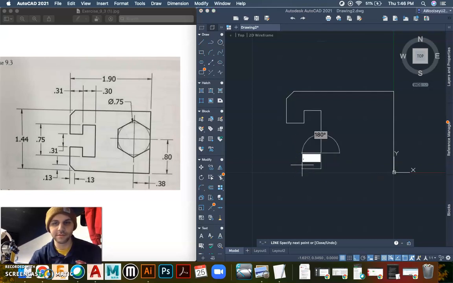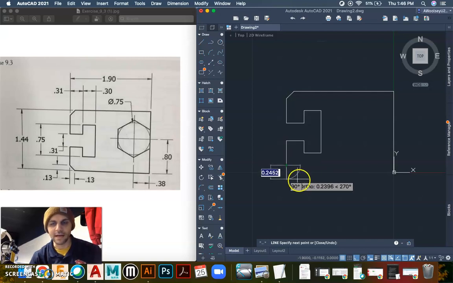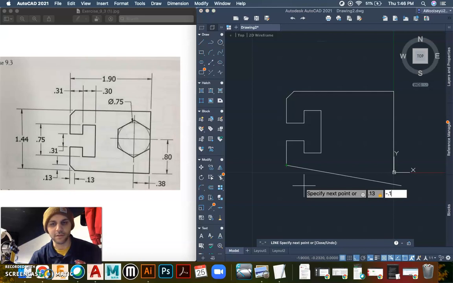It's 0.30 over. From before it was 0.22. Then it was 0.31. And then I went down 0.435. And now I'm going to move to the right 0.13 and down 0.13. So 0.13, comma, negative 0.13. And then I can close it up with a C.